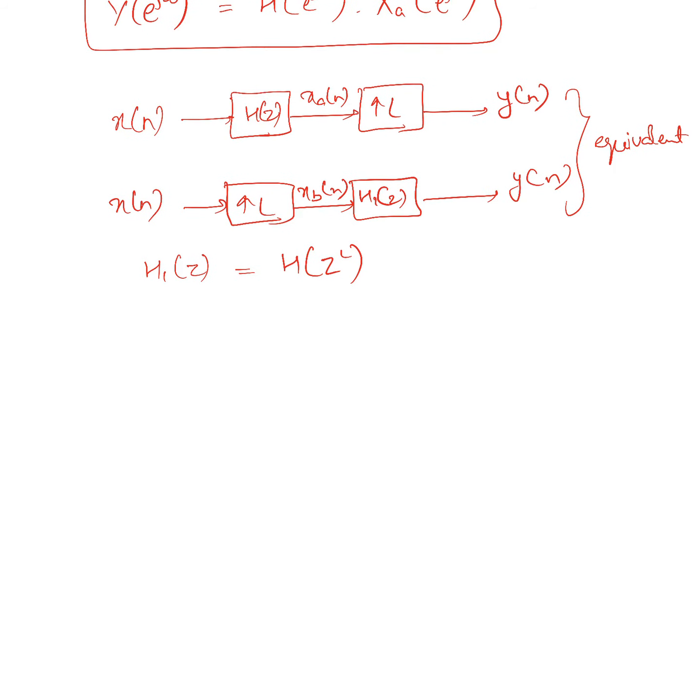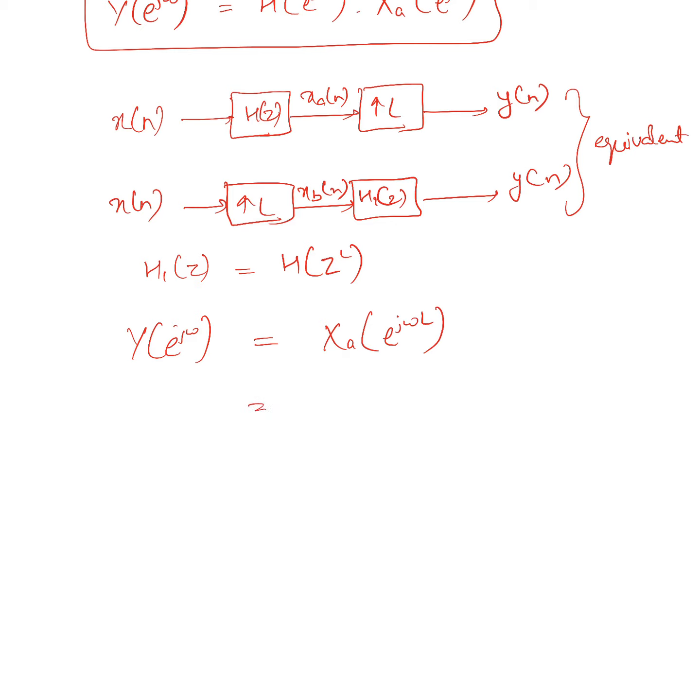So similarly we can write y of e to the power j omega. From the first block diagram, y of e to the power j omega is given by xa of e to the power j omega L. This is how the frequency response of the signal changes whenever we do the upsampling operation, and we had seen this earlier.